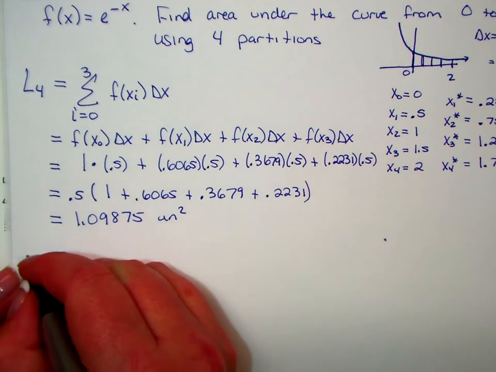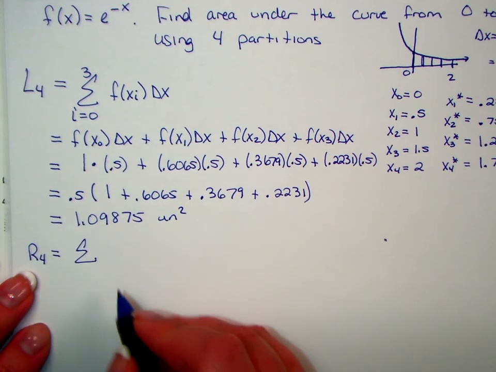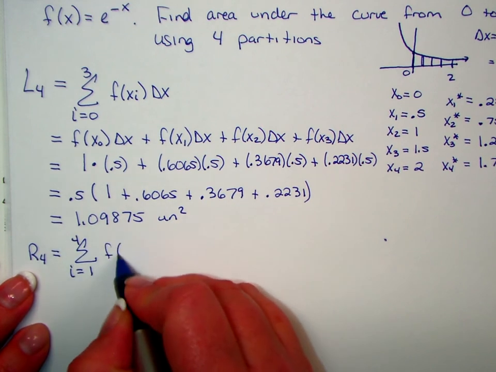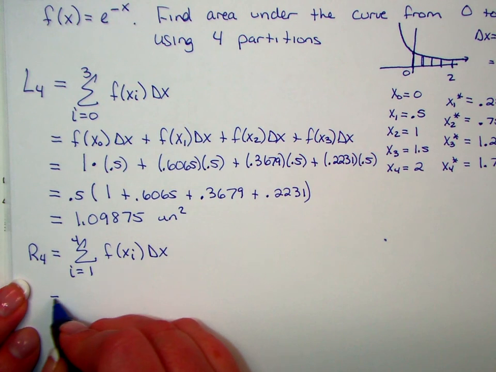All right, right-hand endpoints. We're going to do a summation from 1 to 4 of f of x sub i times delta x.